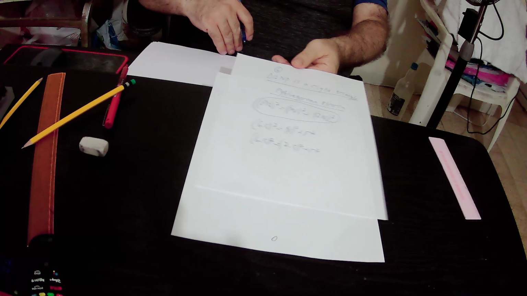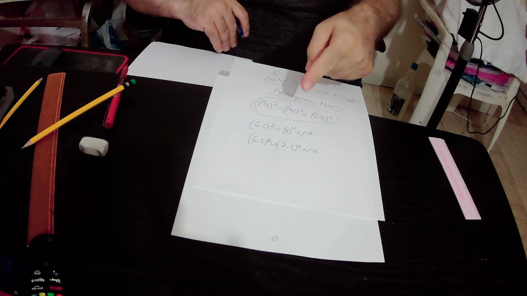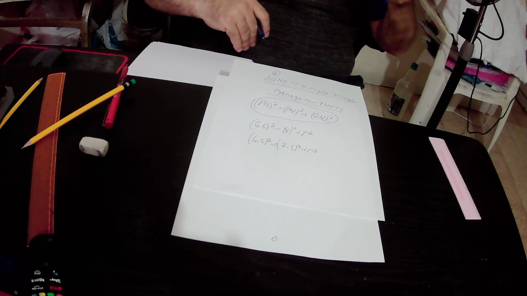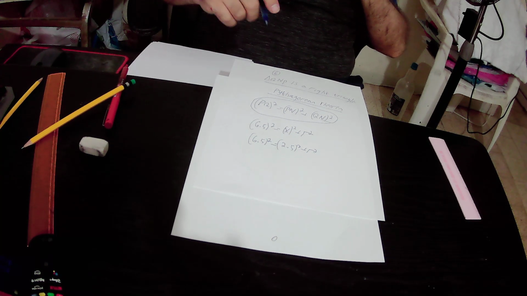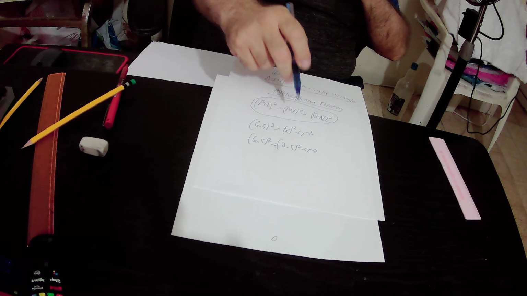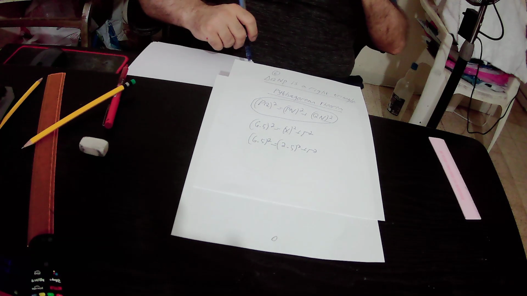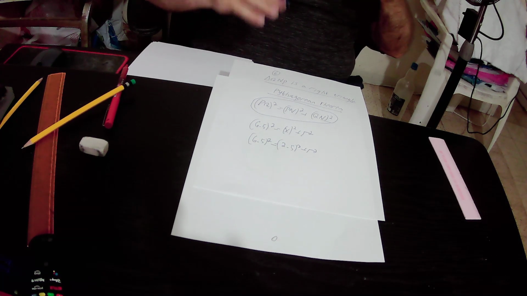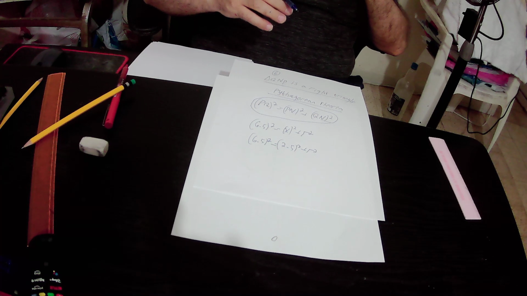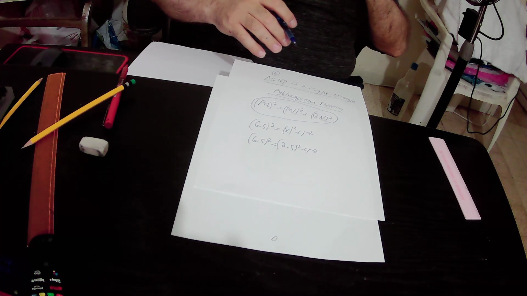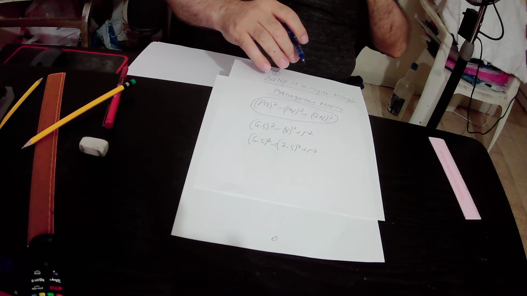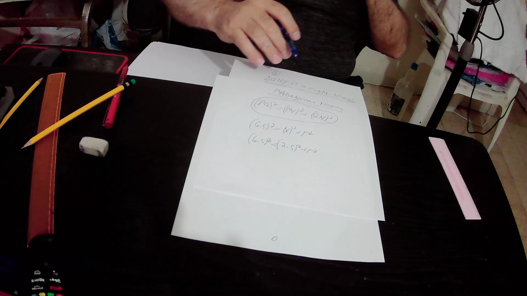We substituted X by 2.5 because X equals 2.5. 6.5 square is 42.25, and 2.5 square is 6.25.